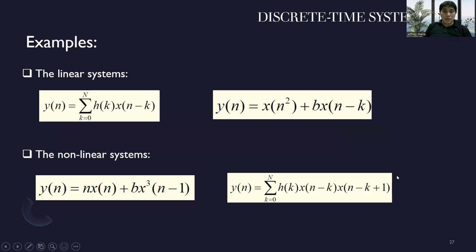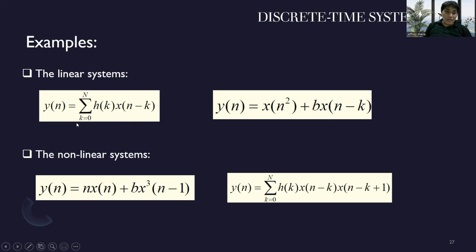For the examples of linear systems, for the formula y[n] = the summation of k = 0 to the big N, h[k] x[n - k], or other formula y[n] = a x[n] + b x[n - k].